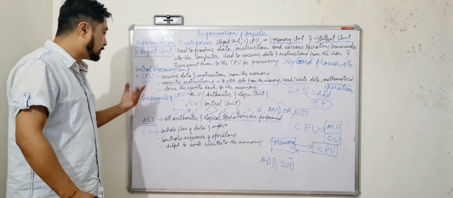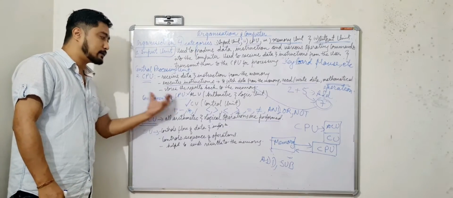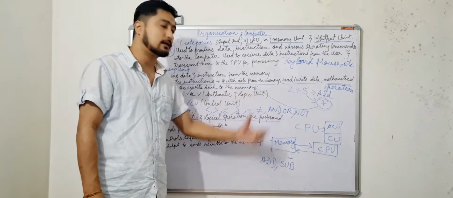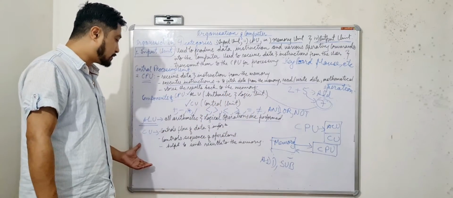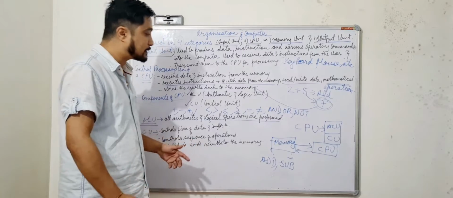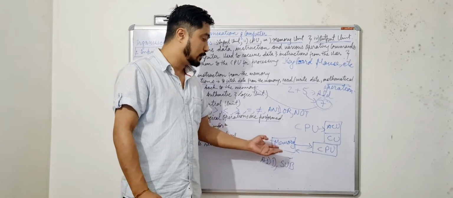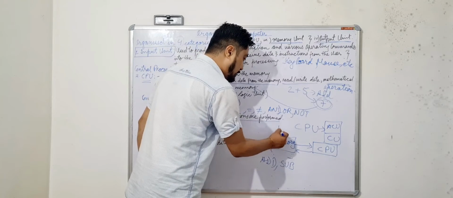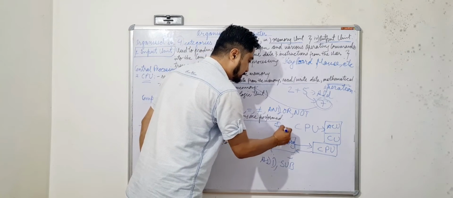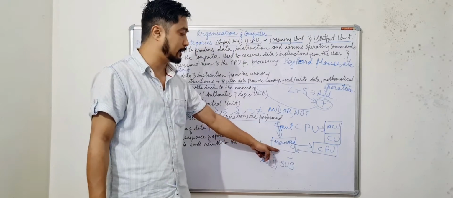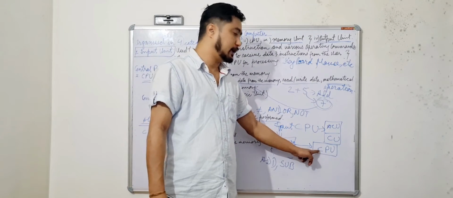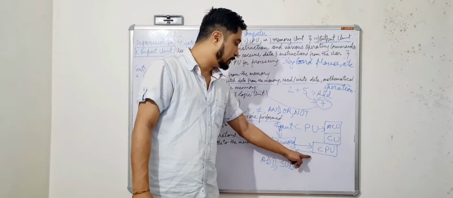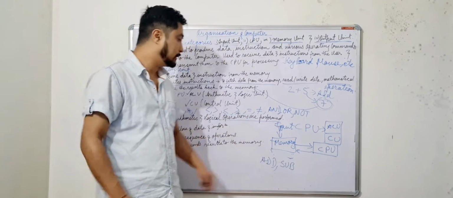The CPU has two components, the ALU and the CU. The ALU does all the arithmetic and logical operations, and the control unit controls the flow of information. First, data will be stored from the input unit into the memory, then sent to the CPU for processing, and after processing, that information will be stored back to the memory.